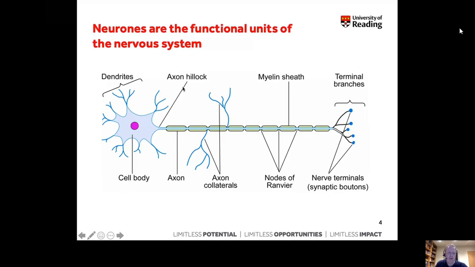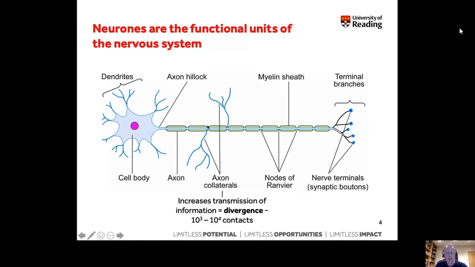The axon hillock, sometimes called the axon initial segment, is where the nerve action potential, which we'll talk about next, arises. Information transmits down this axon to presynaptic terminals where neurotransmitter is released. This is probably the first slide that gives you some information about the myelin sheath.